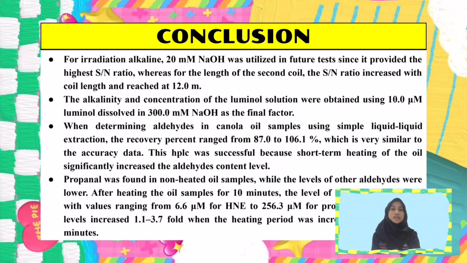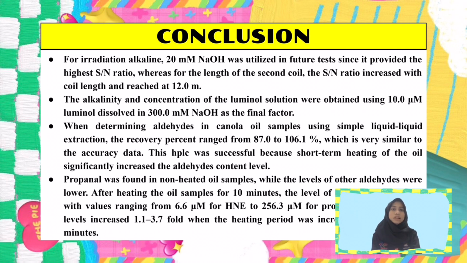Furthermore, for the irradiation, alkaline 20 millimolar sodium hydroxide was utilized in future tests since it provided the higher signal-to-noise ratio. Whereas for the length of the second coil, the signal-to-noise ratio increased with coil length and reached a maximum at 12 meters. The alkalinity and concentration of the luminol solution were optimized as the final factor, using 10 micromolar luminol dissolved in 300 millimolar sodium hydroxide.